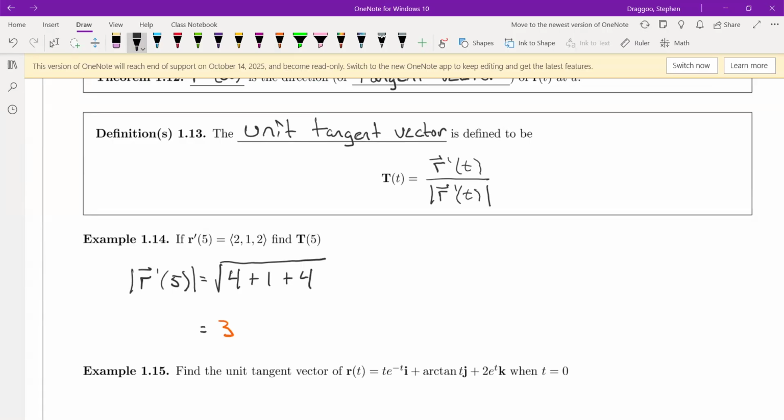And then for my unit tangent vector, I already know my tangent vector is 2, 1, 2, but my unit tangent vector is going to be 1 over 3 times 2, 1, 2. I could distribute the 1/3, or I could leave the 1/3 out in front. Either answer is totally acceptable. I think it looks a little cleaner leaving the 1/3 out in front, so I'll leave it as is.